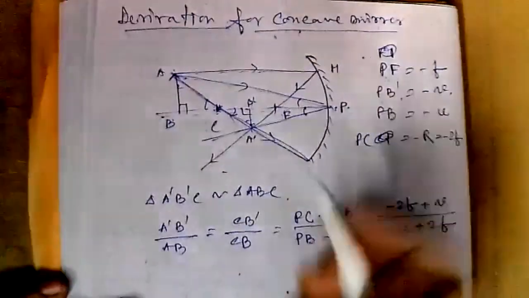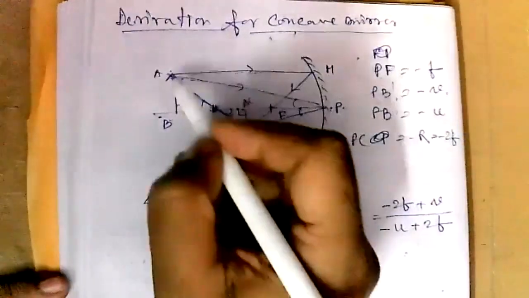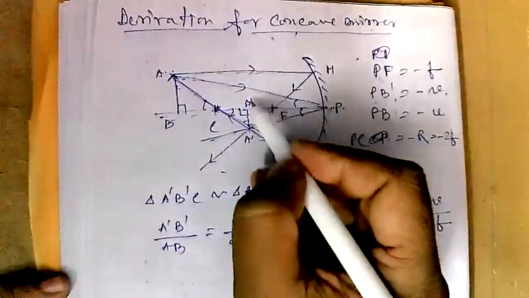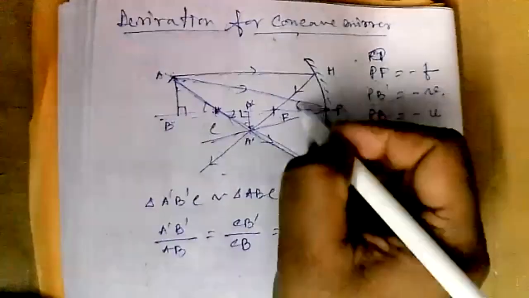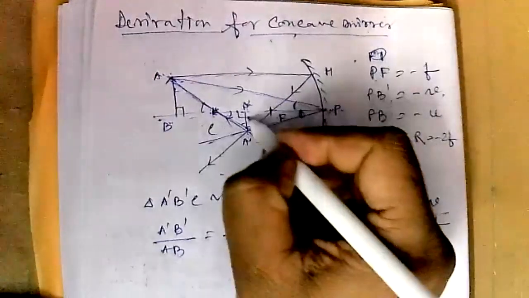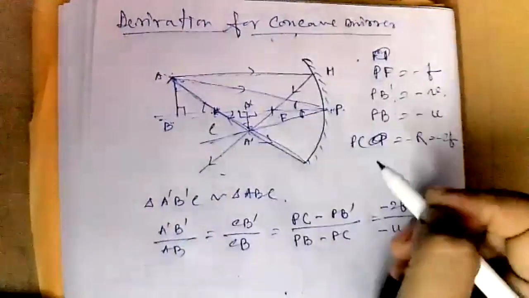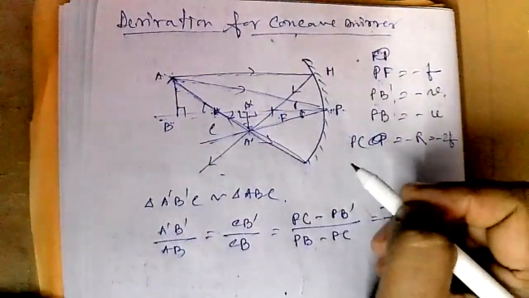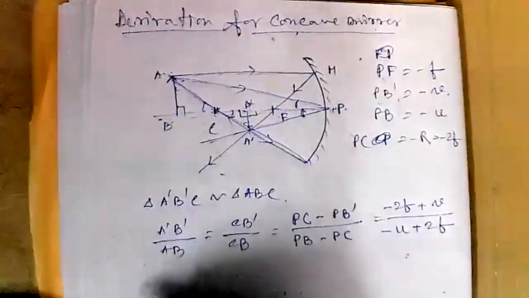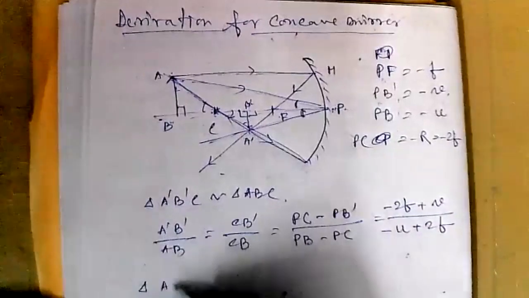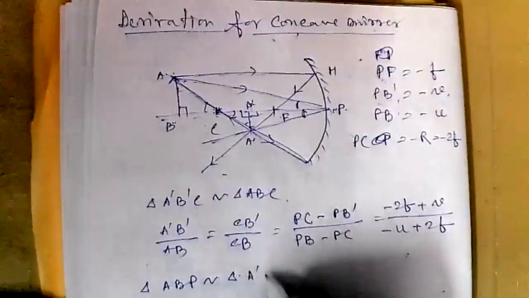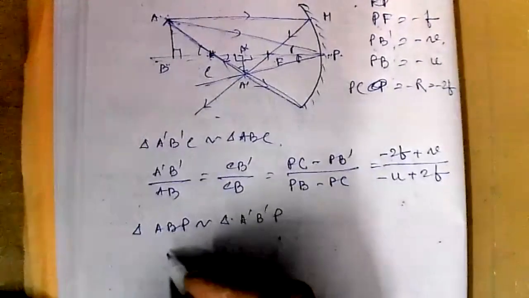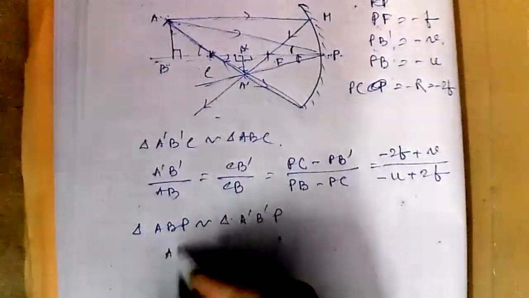Now again, triangle ABP and triangle A dash B dash P are similar because these two angles are same and these two are 90 degree. So the third angle should be same. Again, the ratio of the arms will be same.